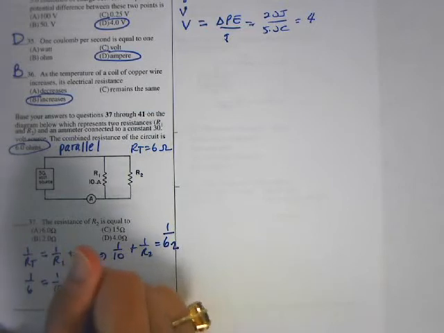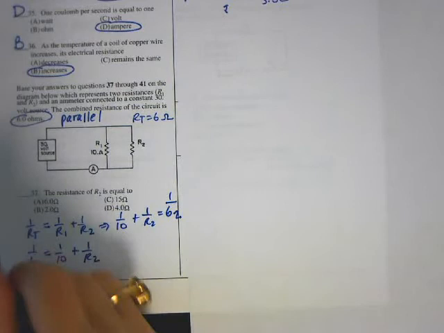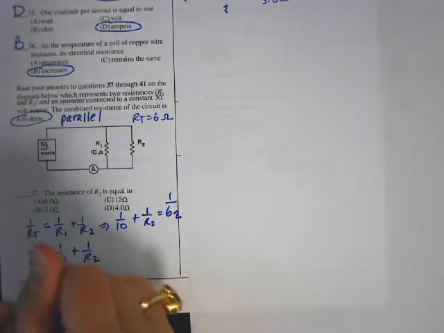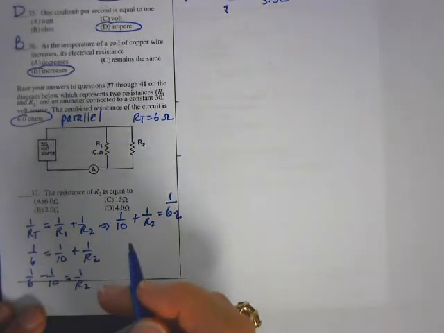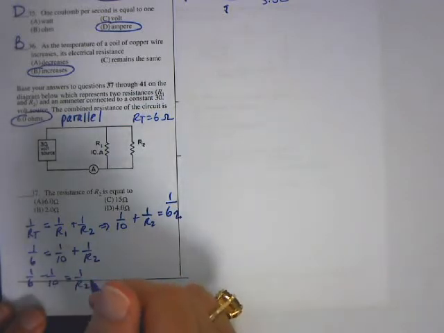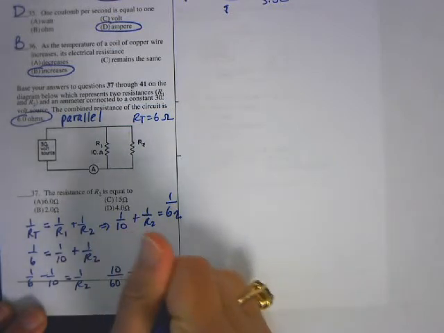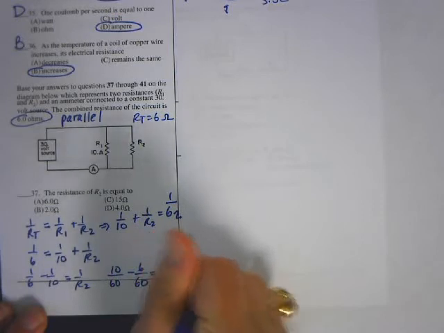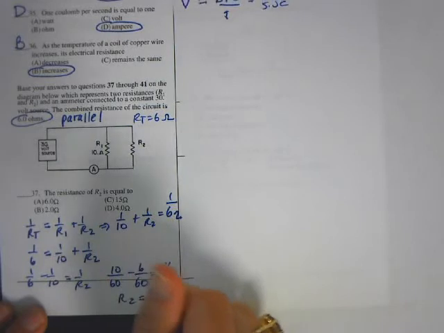Remember, with fractions you have to have a common denominator. So 1/6 minus 1/10 is equal to 1 over R2. The common denominator is 60, so you have 10 over 60 minus 6 over 60 is 4 over 60. And so R2 comes out to be 15, which would be 60 over 4.